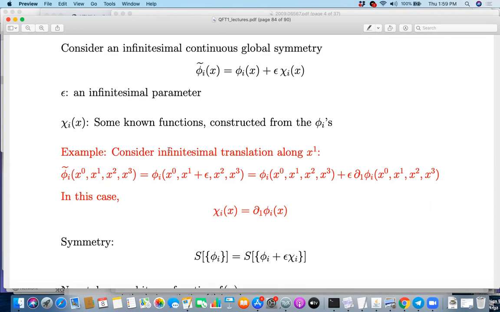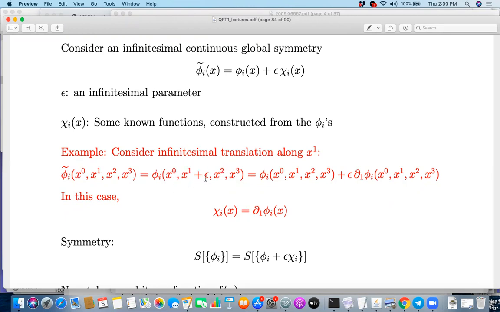So let's suppose that you have an infinitesimal transformation along the x1 direction, along the spatial x direction, which we had been calling the first component of R. So then the transformation law is that phi tilde I at x is phi I at the shifted x, and since you have only shifted the x1, it's phi I at x0, x1 plus epsilon, x2, x3.